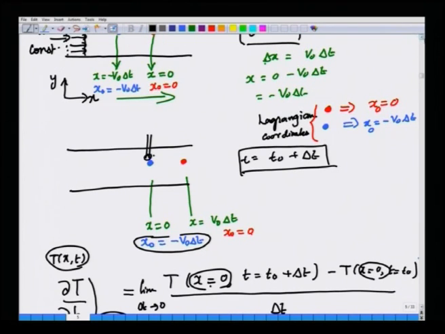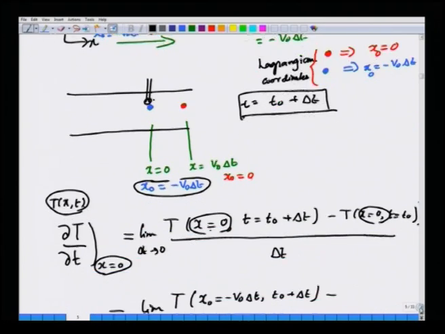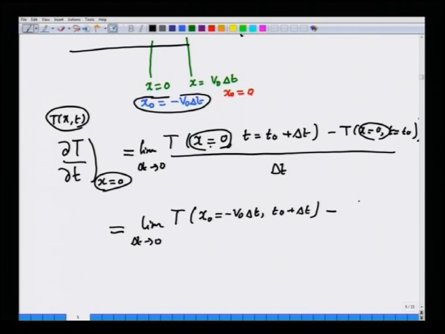Notice that it is the red particle that is occupying x equal to 0 at time t0, and the thermometer will measure the temperature of the red particle, which is identified by its Lagrangian variable x naught equal to 0 at time t0, divided by delta t.